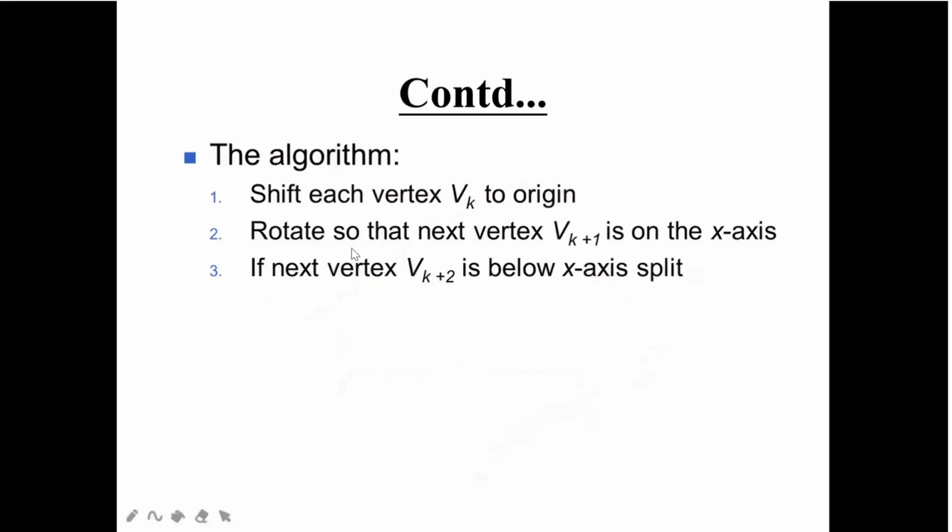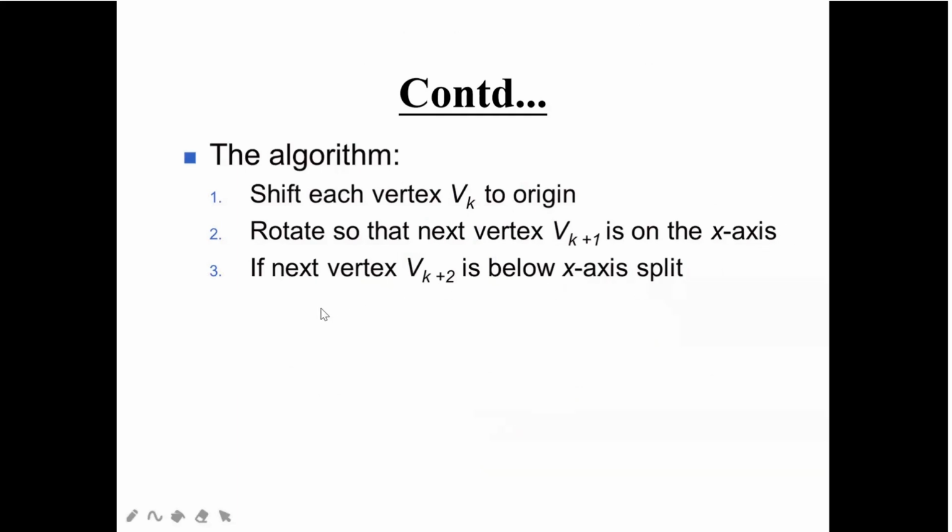What is the second step? In the second step, you have to rotate. What are you going to rotate? You have to rotate your next vertex point towards your x-axis. So whatever my vertex point is, and wherever I am going to the next vertex, that will be vk plus 1, and I have to rotate it onto my x-axis. That is my second point.